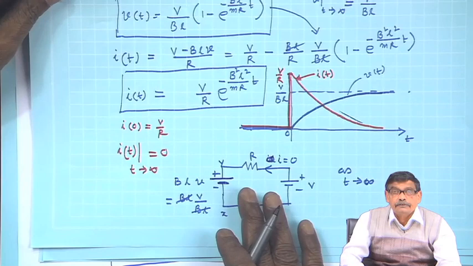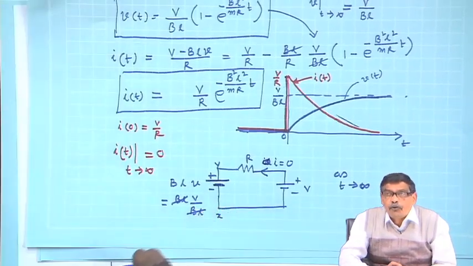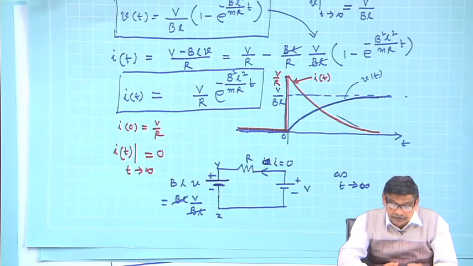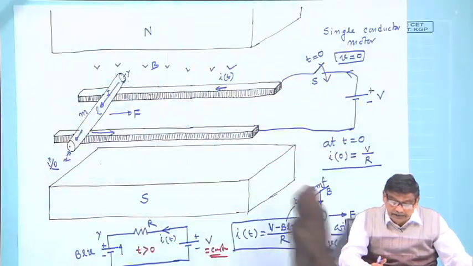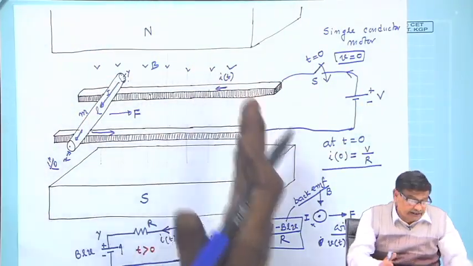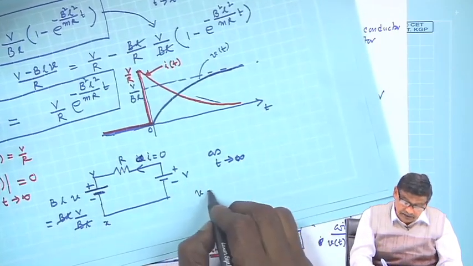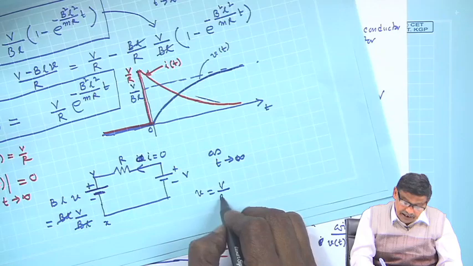Current will be 0, therefore there will be no force acting, the force B I L will also vanish. So what will the conductor do after it attains a velocity equal to V by B L?